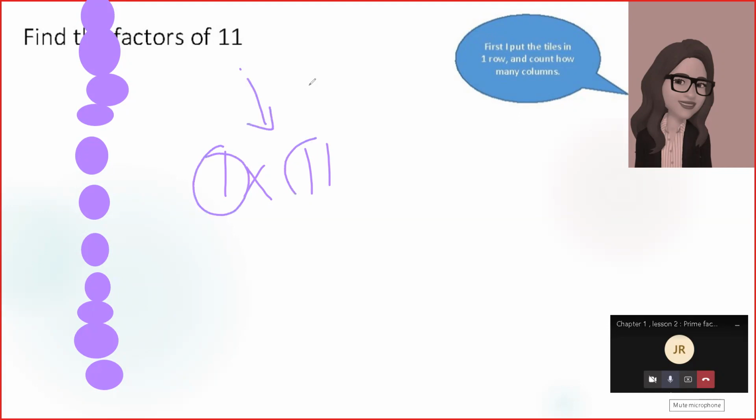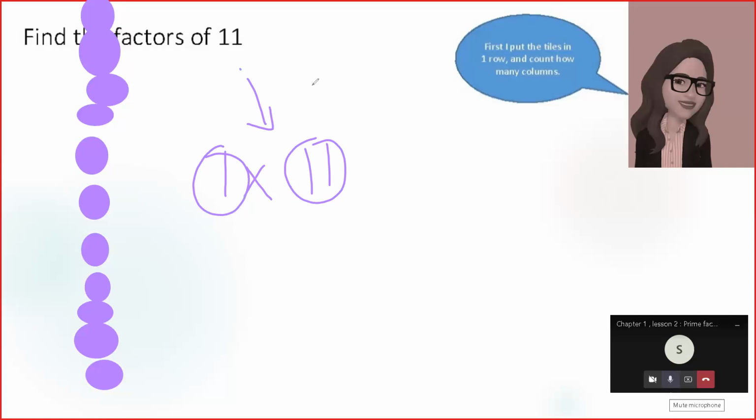1 and 11. I'm talking about 5 multiplied by 2 equals 10, but here I want 2 whole numbers that, when you multiply them, you get 11 without any remainder.